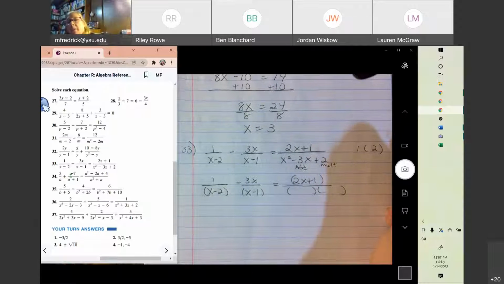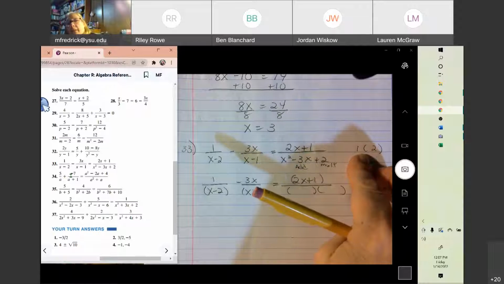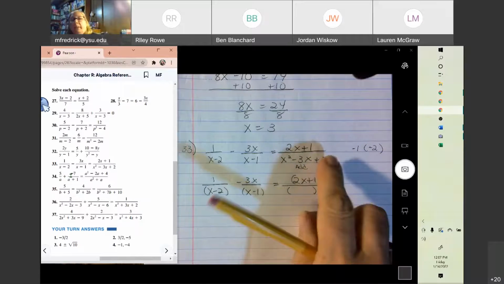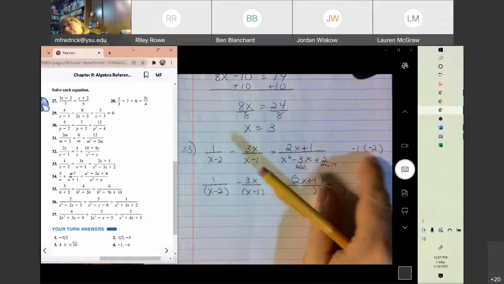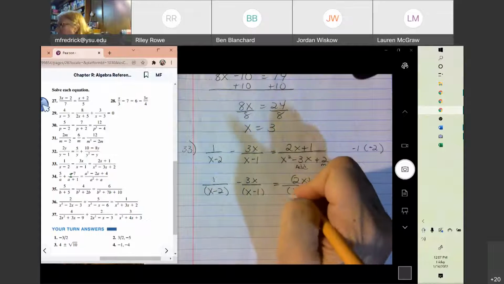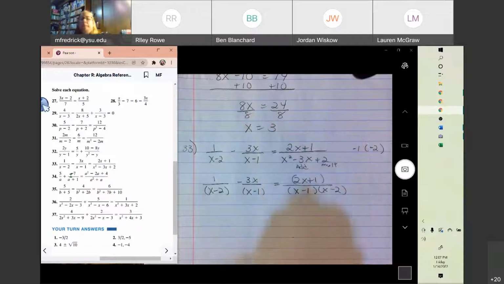When we add these, we get 3. Well, we want a -3, so we could make both of them negative, so that when we multiply, we get the +2. And when we add, we get the -3. So it would be x minus 1, x minus 2. Any questions on that?